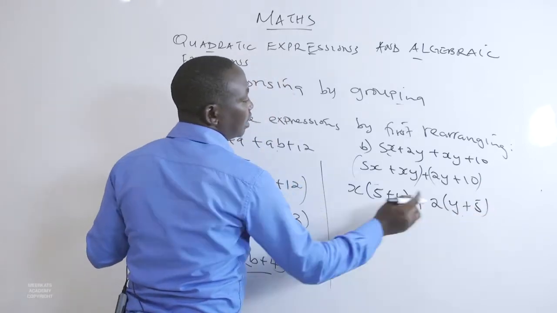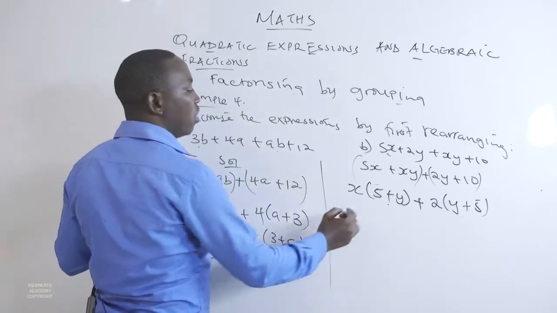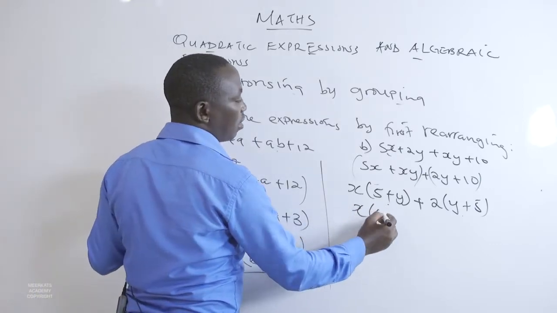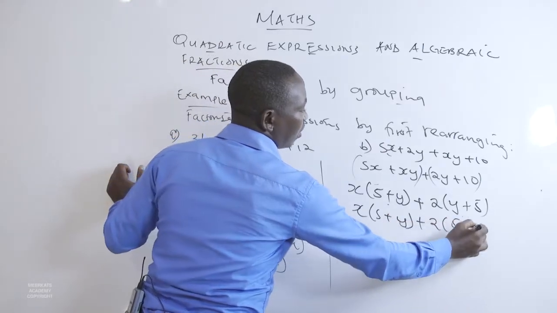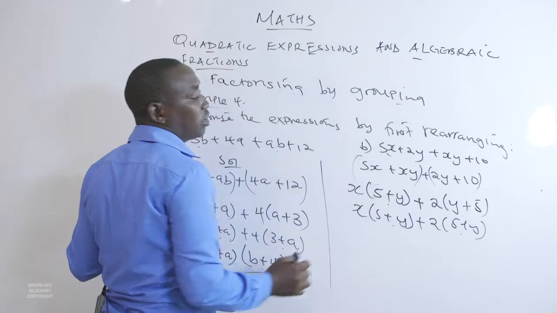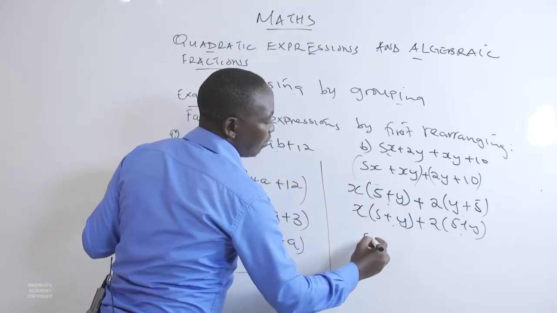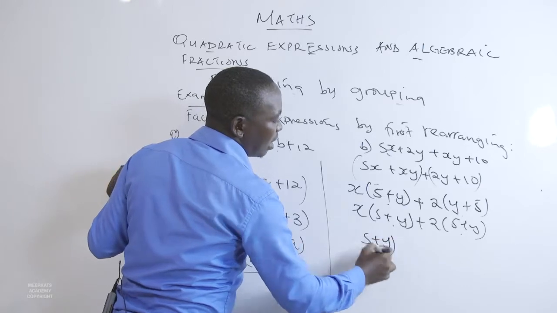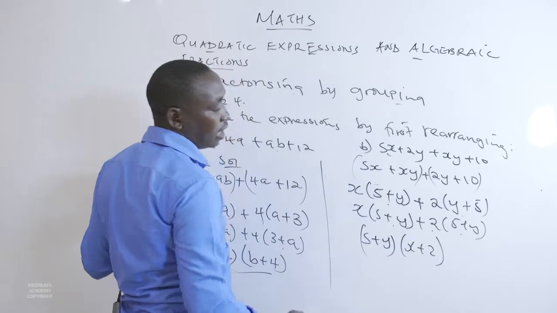Again, you can see that 5 plus y and y plus 5 are equally the same. You can begin all of them with 5. 2 into 5 plus y. So that we now take out the common binomial, which will be 5 plus y into x plus 2.